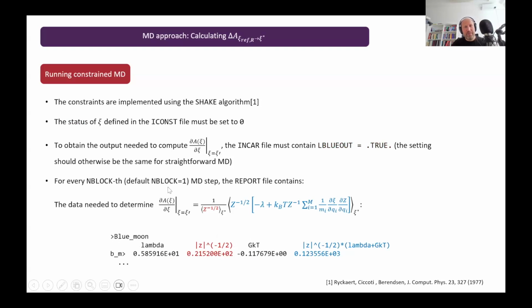Now, how to do that? As we already discussed, for every N-blocked molecular dynamics step, we will see such a line in the REPORT file. And now you see the free energy gradient is computed as a ratio between two ensemble averages, right? The first average can be obtained by averaging the numbers that are written in the last column of such a line, so the last entry here.